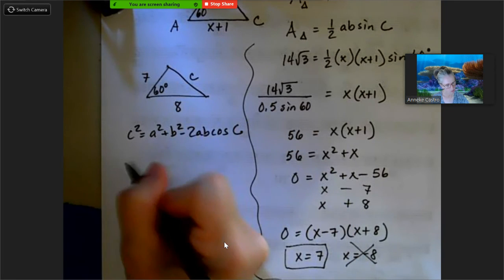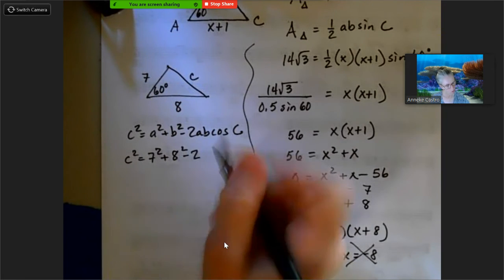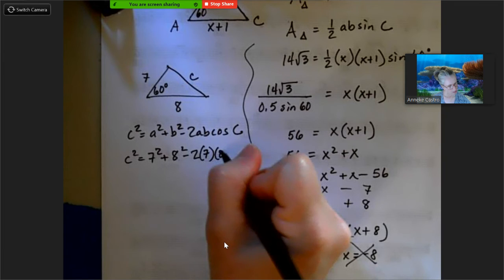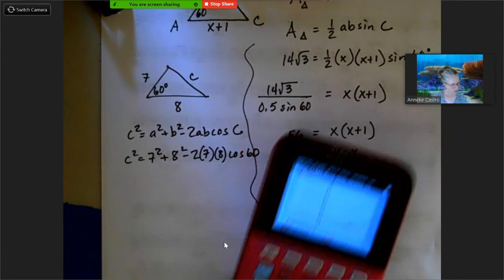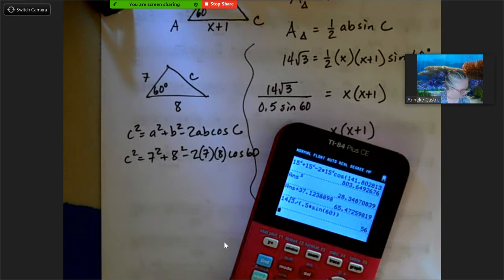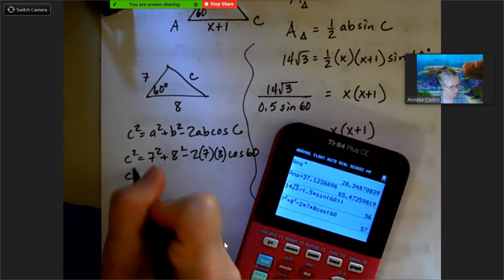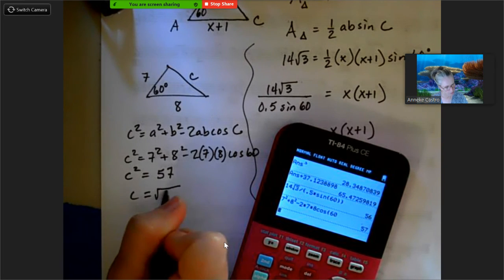So c squared is equal to a squared plus b squared minus 2ab cosine of c, which is going to be the 60. So c squared is equal to 7 squared plus 8 squared minus 2 times 7 times 8 times cosine of 60. I can just throw that all into my calculator. And so c squared is 57. So c is going to be equal to the square root of 57.